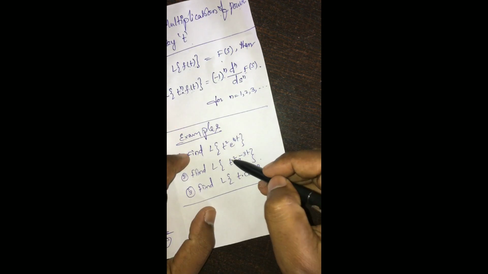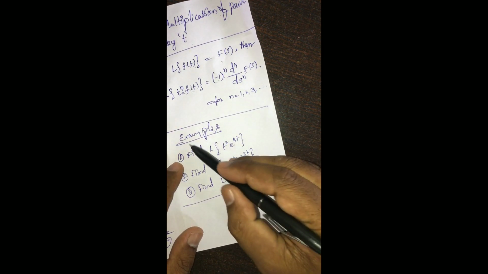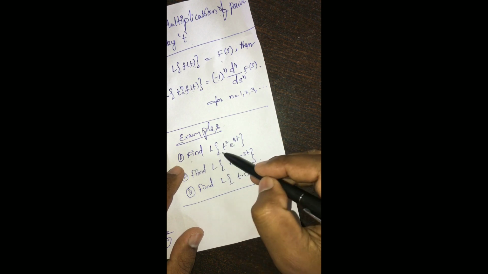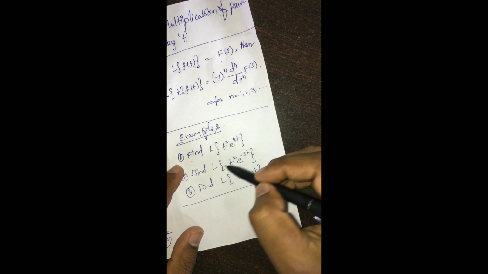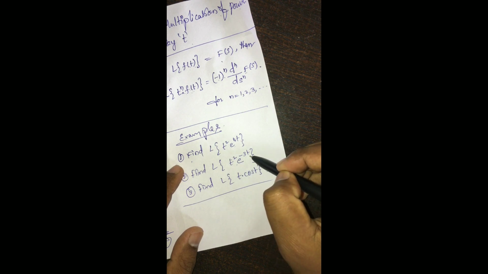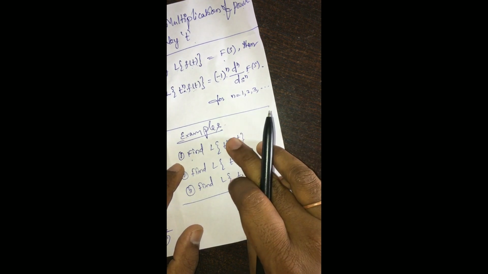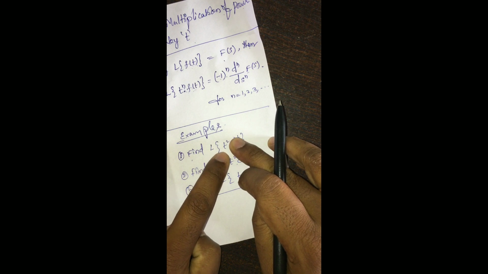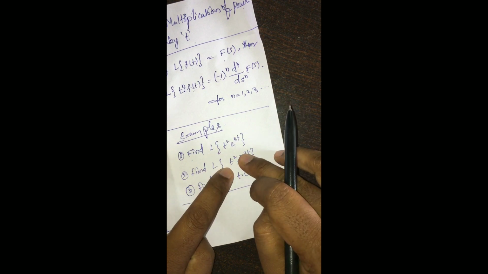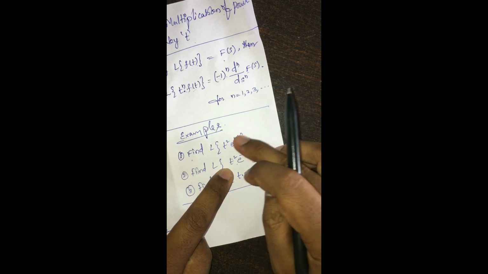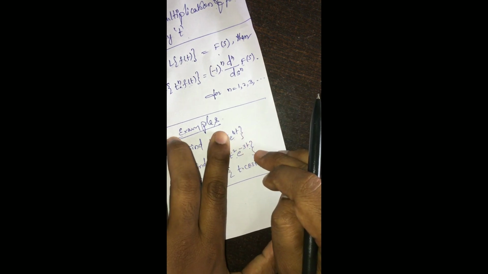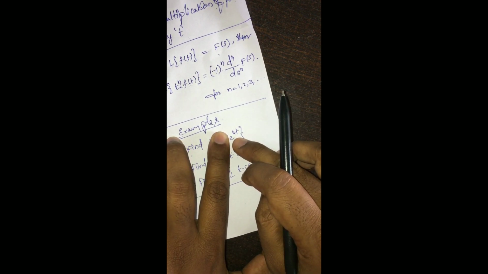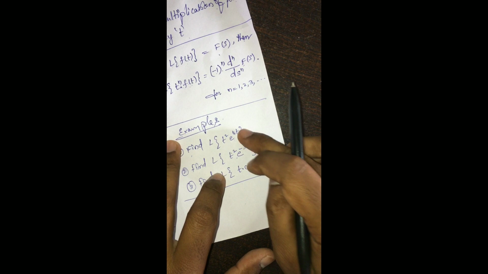In this, some of the problems which I wanted to show you, for example, find the Laplace transform of t square into e to the power of 4t, t square into e to the power of minus 3t. Coming to this f of t, this is the product of t square with e to the power of minus 3t. You can apply the first shifting theorem also in these problems.